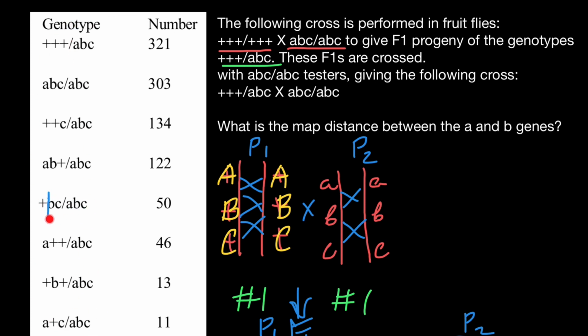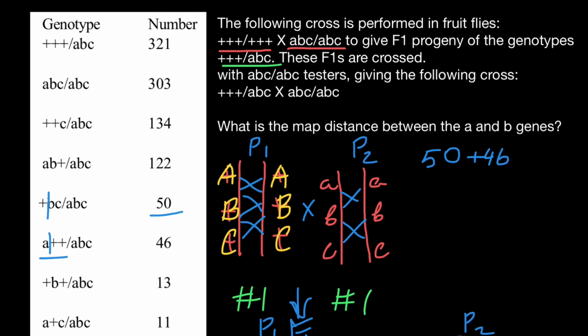So this is going to be one of the recombinants where recombination happened between gene plus and B, or capital A and B. So let's put this frequency here, 50. And this is also going to be another variant where crossing over happened between gene A and B. And the frequency is 46, so plus 46.